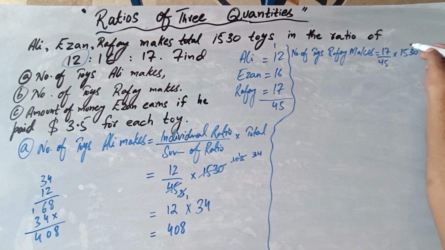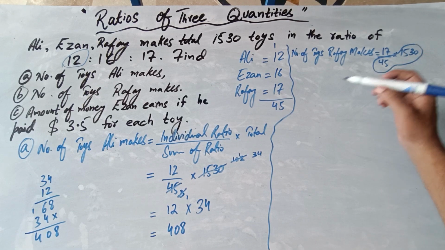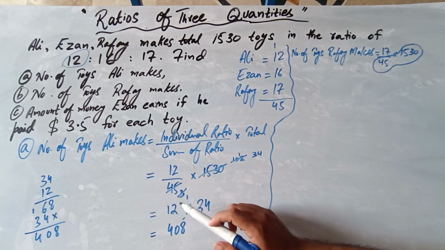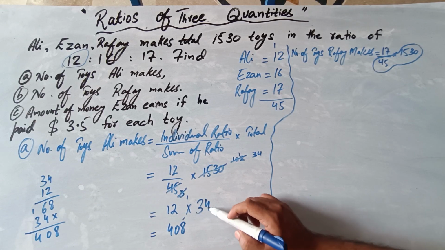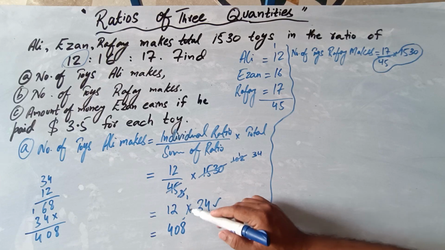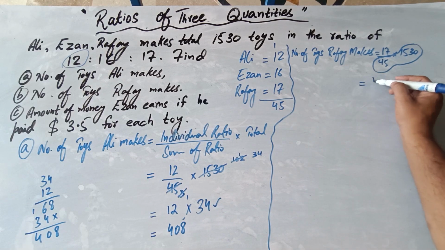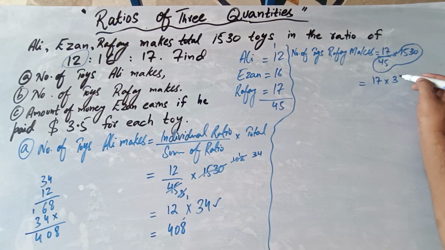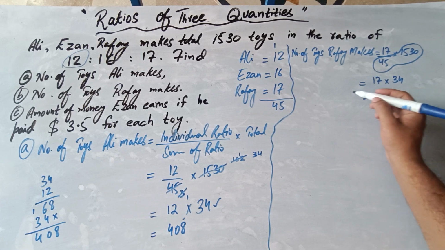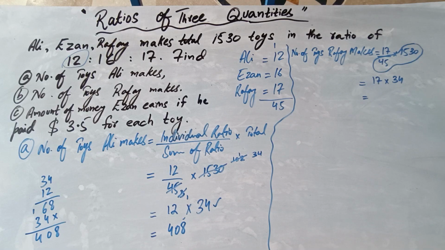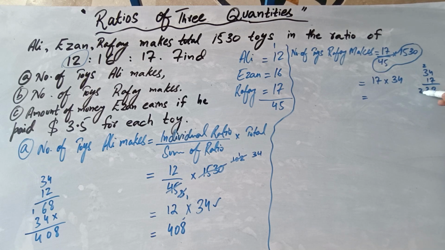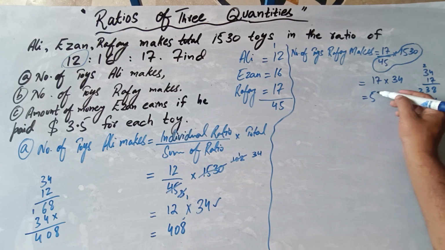This particular thing remains the same in each case, and after cancelling 1530 with 45 we got 34. That's what I said I would tell you in the next step. Now we multiply 17 with 34. 7 fours are 28, 7 threes are 21, 23, 1 four is 4, 1 three is 3. So 8, 7, 5. So 578 toys are made by Rafe.